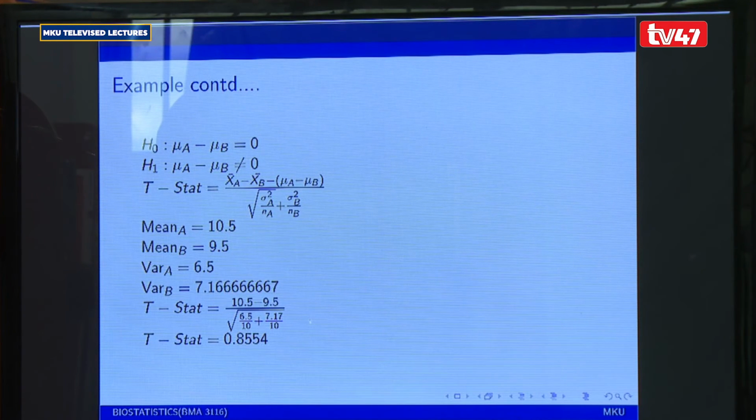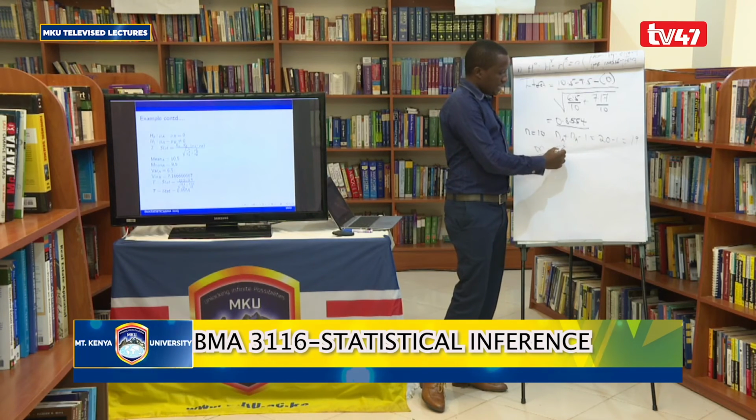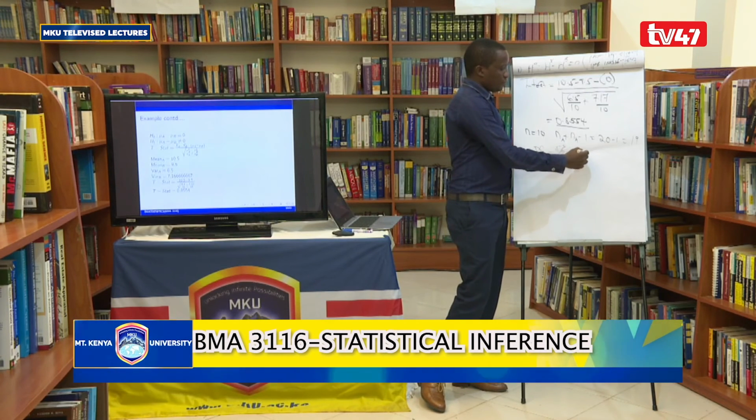So if we are having a two-tailed test, like in this case, we have to divide alpha by 2. That is 5% over 2, which is 2.5%.